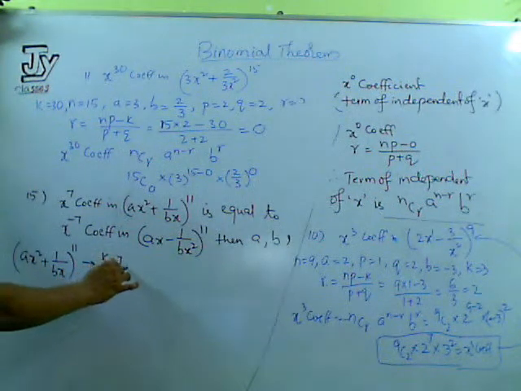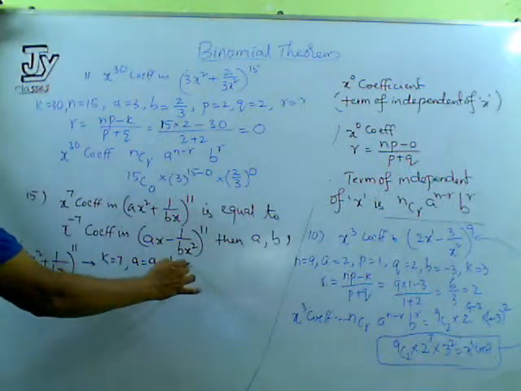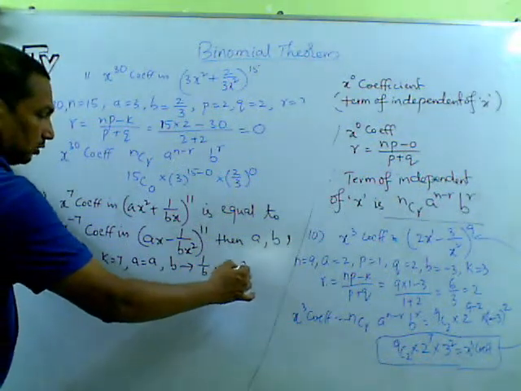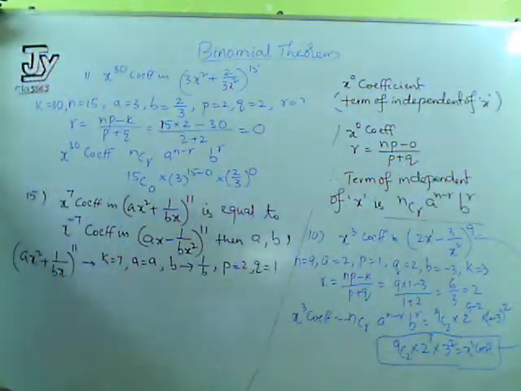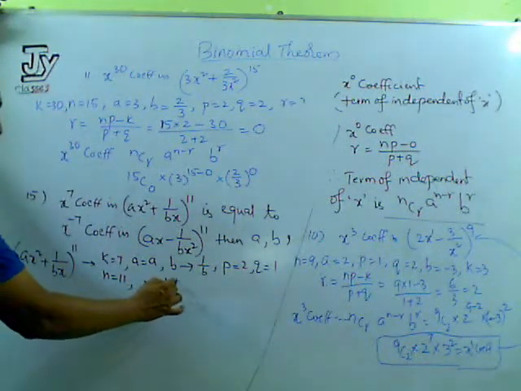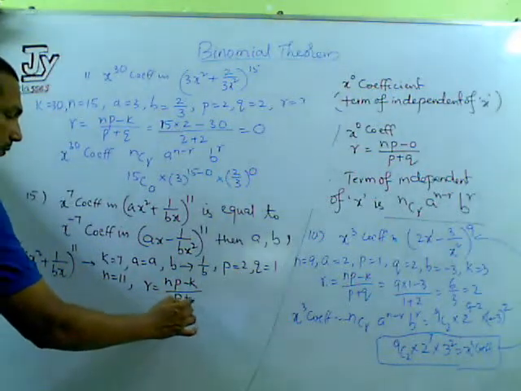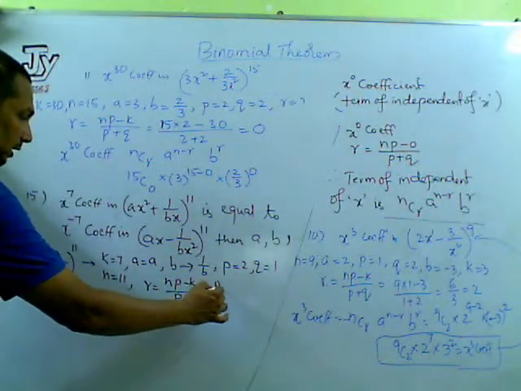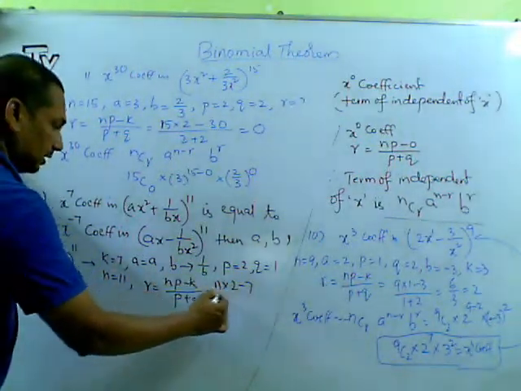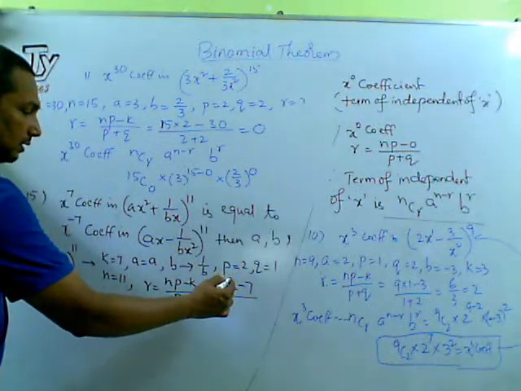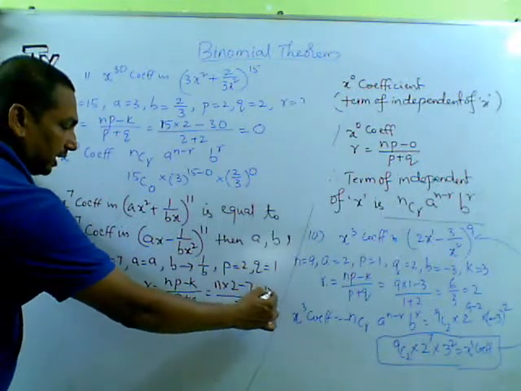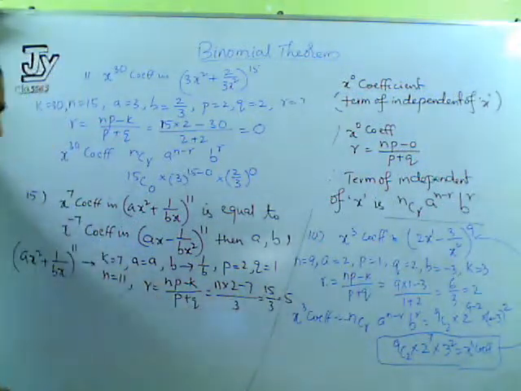So k is equal to 7. a is equal to a. b is 1 by b. p value 2. q value 1. n value 11. r value is (np minus k) by (p plus q). n value 11 into p value 2 minus k 7 by p plus q 3. 22 minus 7, 15 by 3, that is equal to 5.